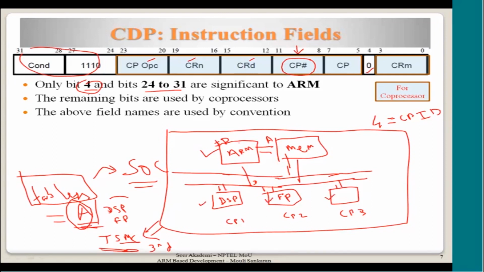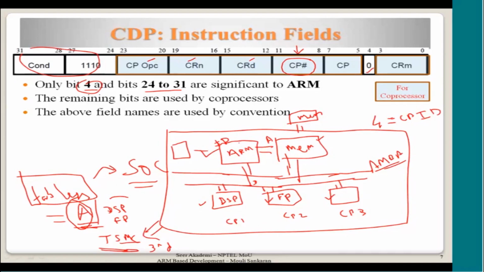They need not build these IPs in house, and then they build an SoC integrating the AMBA bus. I will talk about this bus later. This is also the AMBA specification, which is defined by ARM. So they build this SoC using the ARM IP, maybe a memory controller from a different company. Memory will be outside, my controller may be inside. There may be a cache. All these things will be there, and then so many coprocessors will be there, and they will dedicate some IDs for each of them.